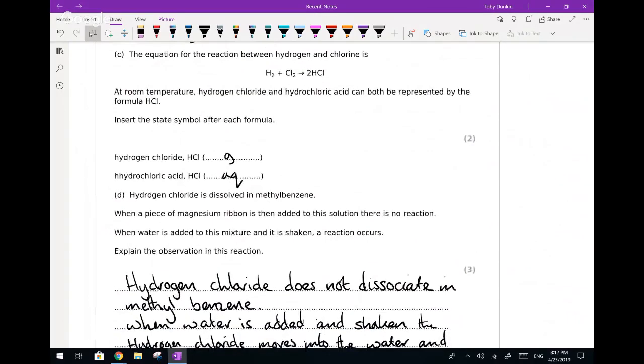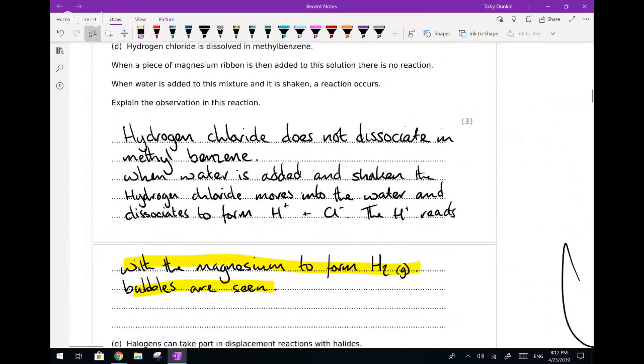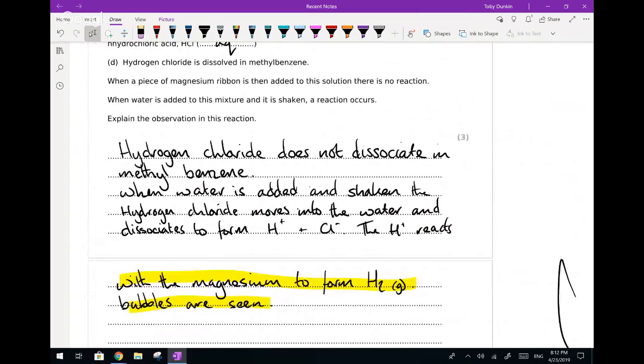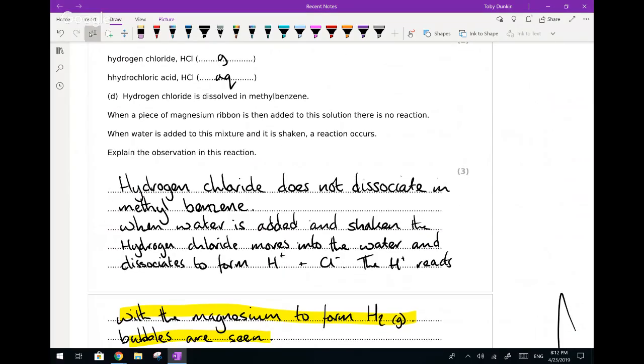State symbols. Hydrogen chloride is a gas. HCl is a gas, hydrogen chloride, but in water, hydrochloric acid, so it becomes aqueous. Give the observations. So it says hydrogen chloride is dissolved in methyl benzene. When a piece of magnesium is added to the solution, there is no reaction. When the water is added to the mixture and shaken, a reaction occurs. Explain why. Right, hydrogen chloride, so that's an acid.